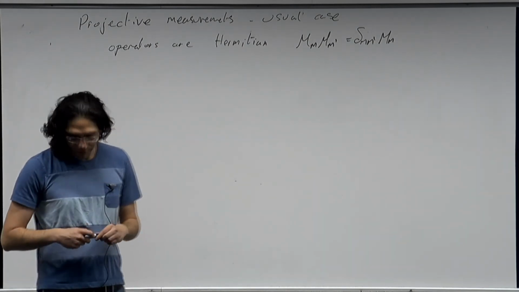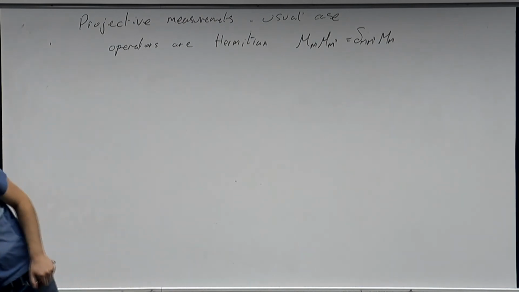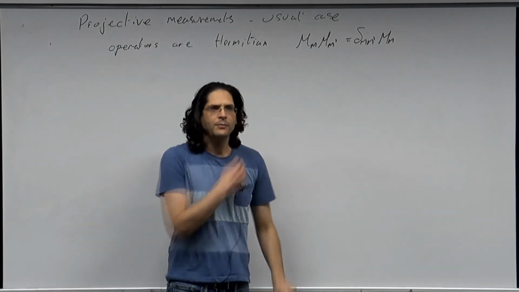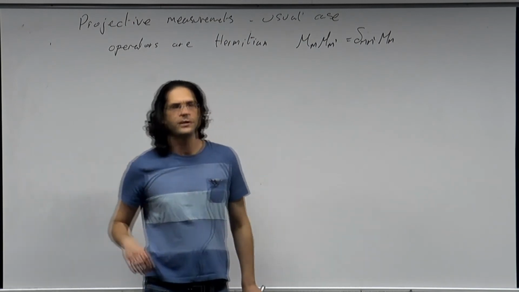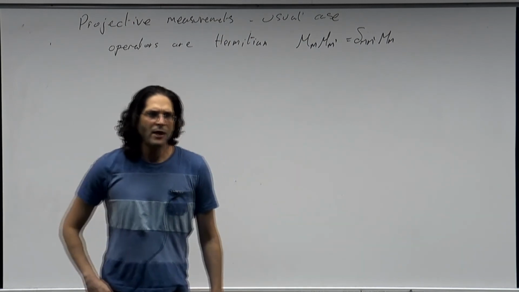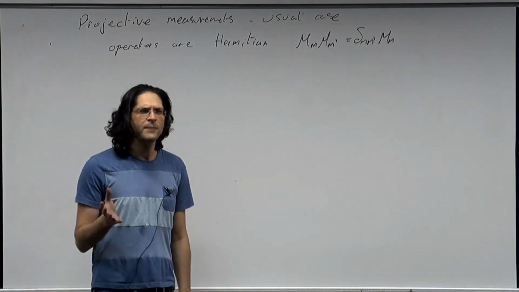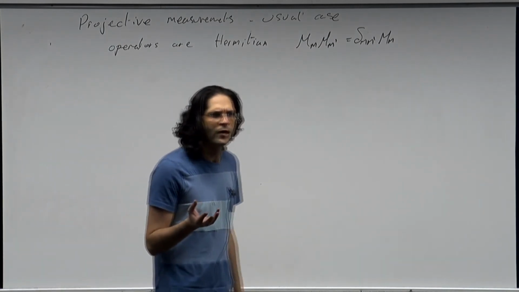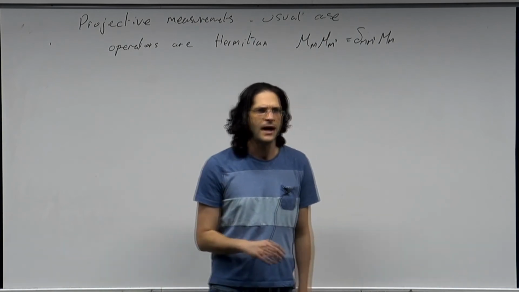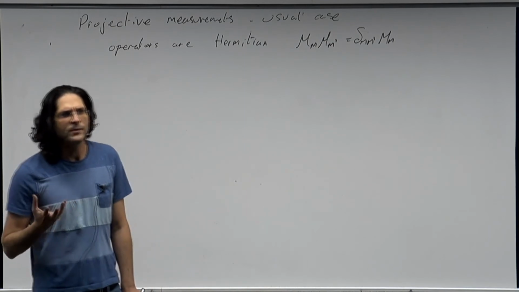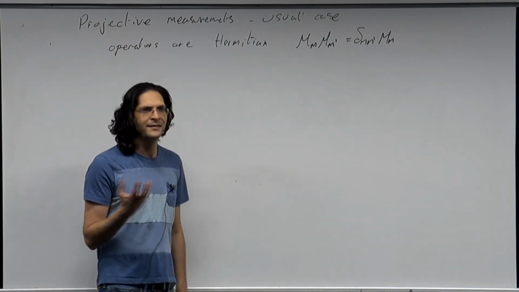Now, but for projective measurements, they're very nice. Okay, they're the common type. They're what you learn at the beginning, and I'm sure that you were introduced to projective measurements at some point, and the whole concept was very confusing. Did anyone accept the concept of projection, of, oh, you measure and suddenly your state is that? Was anyone very happy with that, or was everyone like, what?